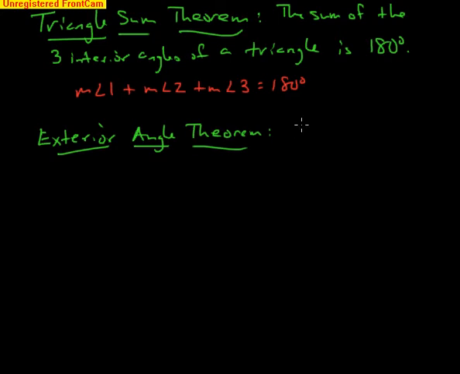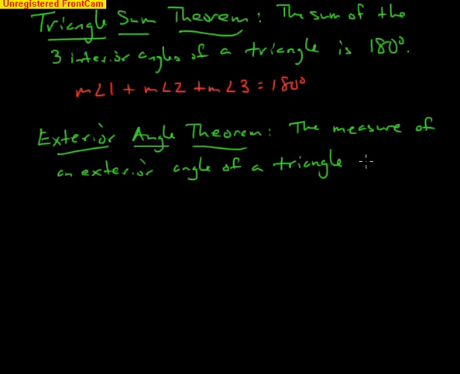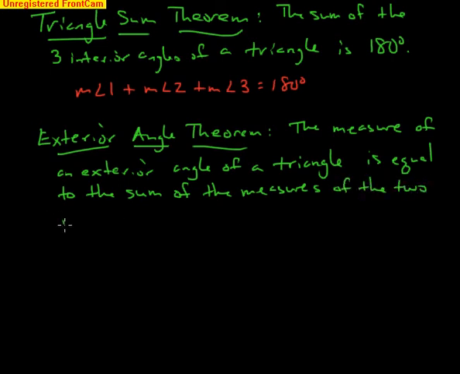The exterior angle theorem says the measure of an exterior angle of a triangle is equal to the sum of the measures of the 2 non-adjacent interior angles.